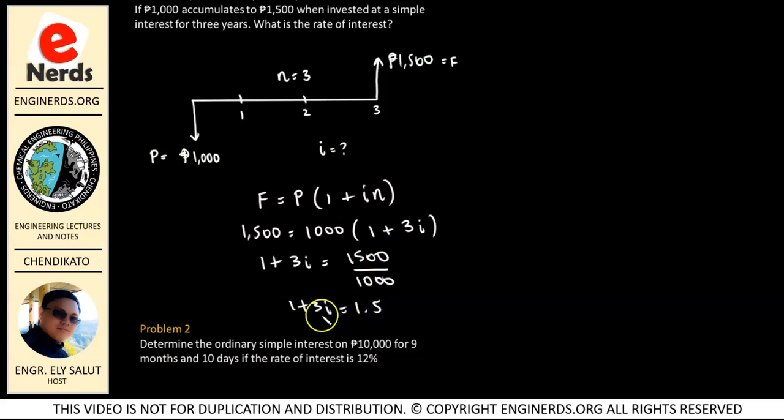Okay, so dahil i-isolate natin yung I, we will transpose itong 1 papunta sa right side ng ating equation. So 3i is equal to 1.5 minus 1. So 3i is equal to 0.5. So our I is equal to 0.5 divided by 3, which is equal to, let's use our calculator.